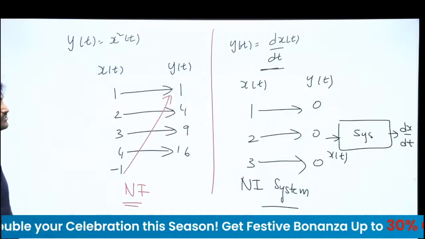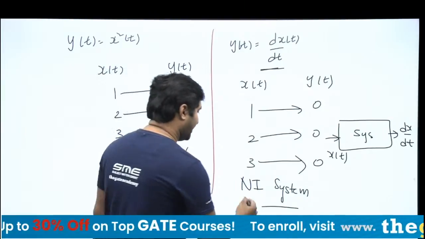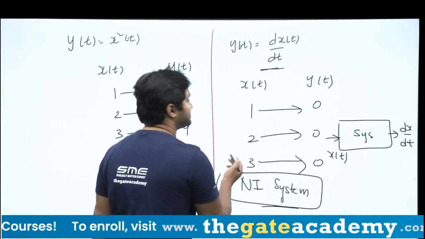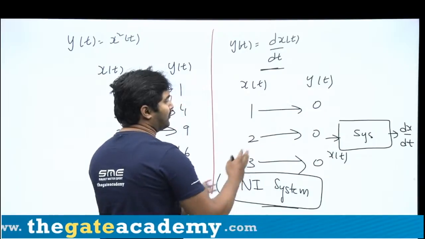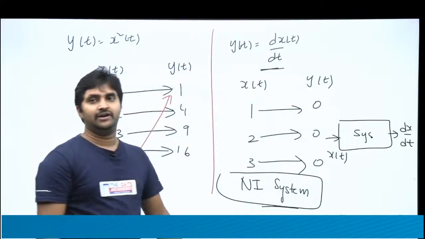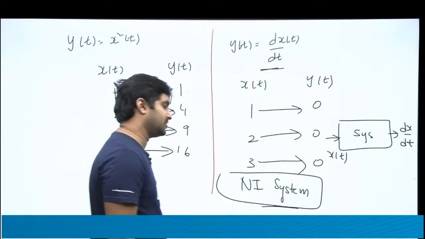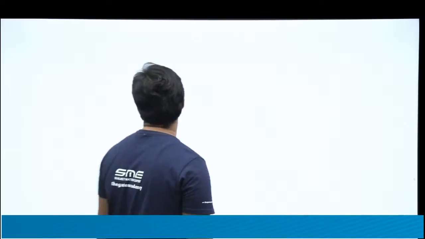That is a problem, right? It is non-invertible very simply because there is no one-to-one mapping. Distinct inputs lead to the same output. That is the reason why it's a non-invertible system.